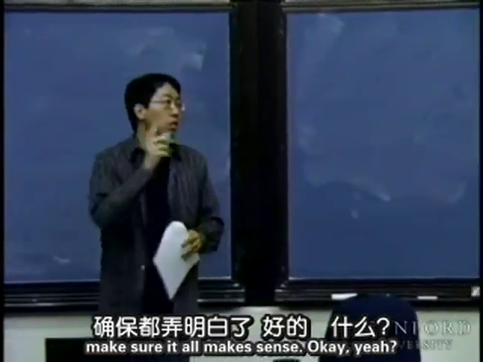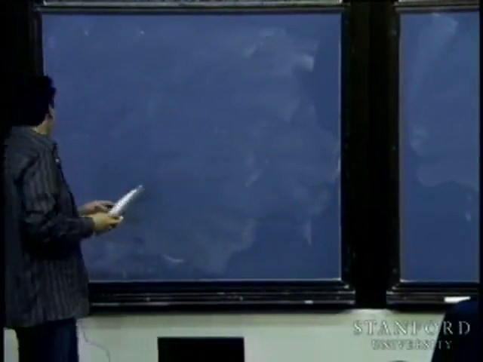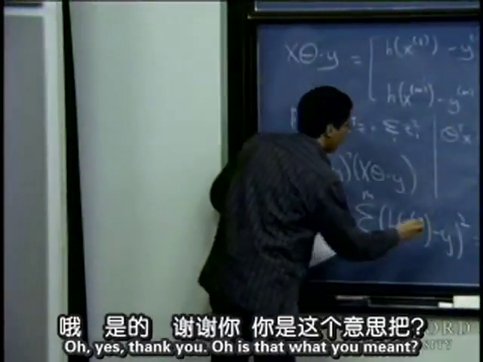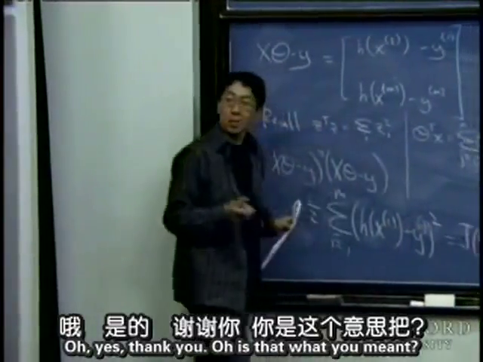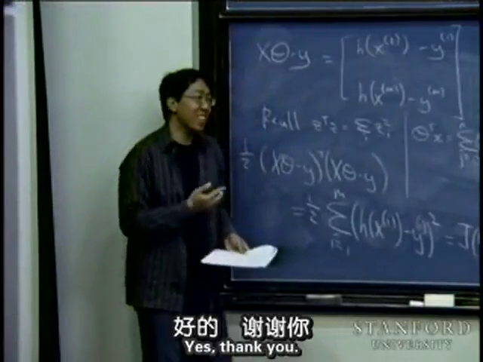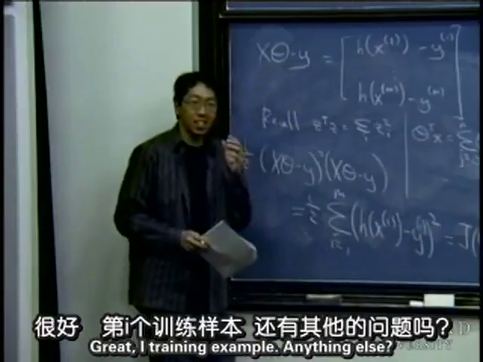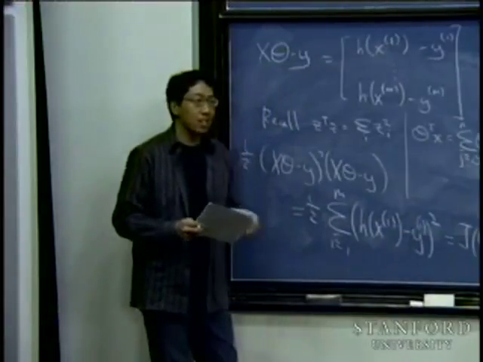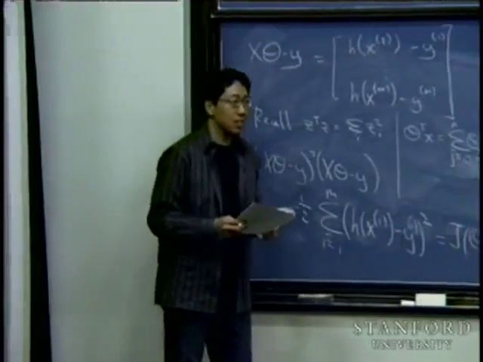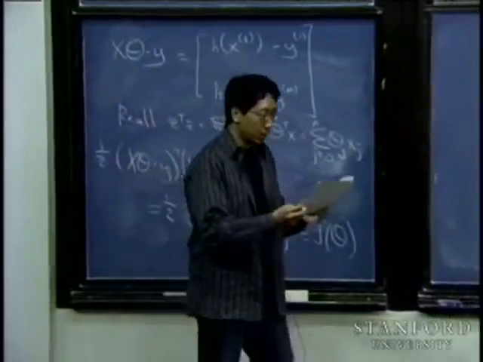Okay. Other questions? Yeah. On the bottom line, shouldn't the y inside the parentheses be y to the i? Oh, yes, thank you. This should be the i-th training example. Anything else? Okay, cool.